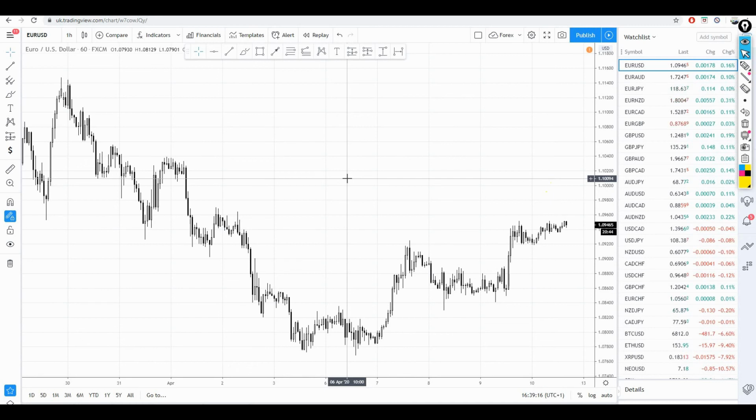Later on in the video, I'll show you some tools that I've created in order to remove any subjectivity and automatically work out these lower lows and lower highs. But I'll run through the standard stuff that most people have covered before anyway in terms of how to identify the trend.